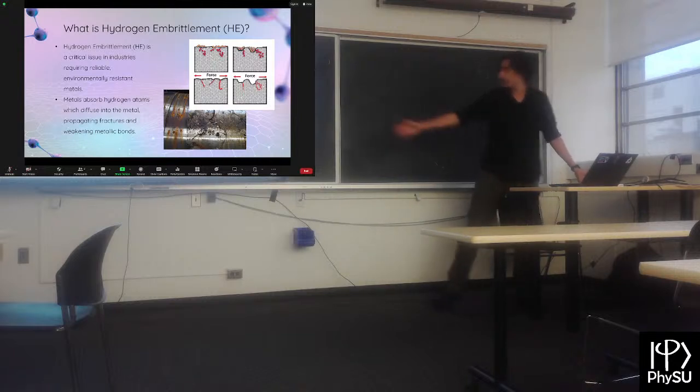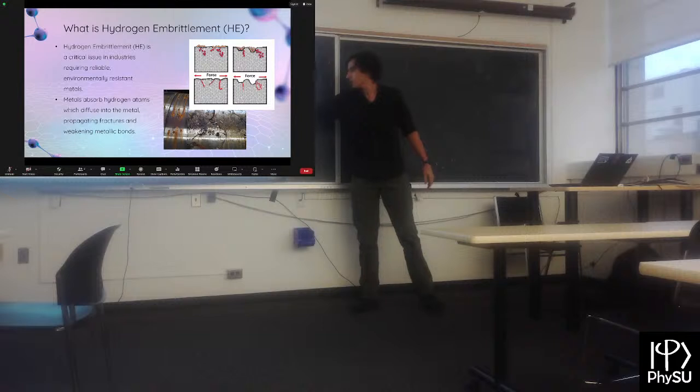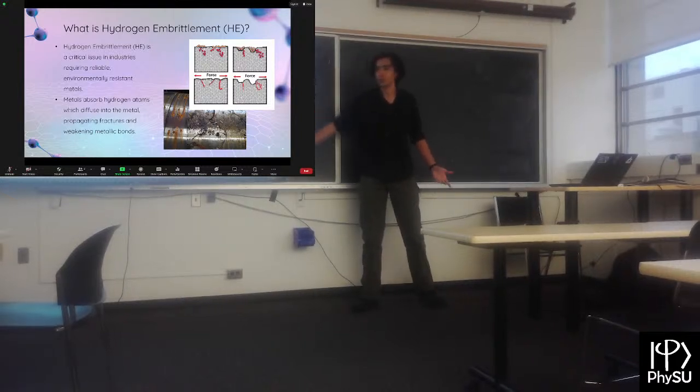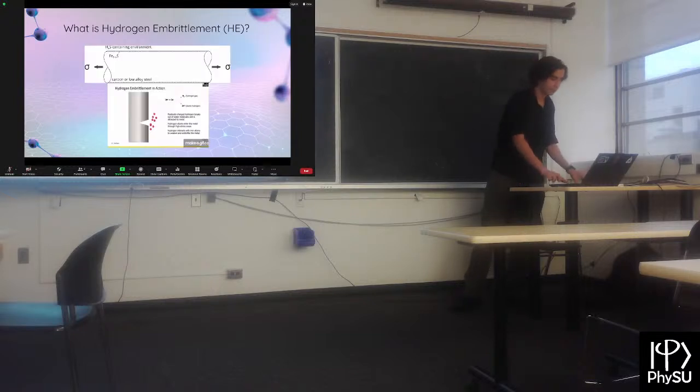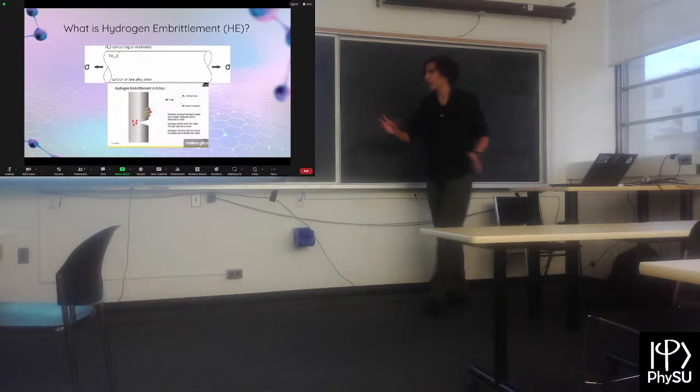And you can see the kind of damage that it does here, where this metal pipe has essentially been deemed unusable because of damage due to excessive hydrogen presence. So this little diagram gives you an idea of what it's like.